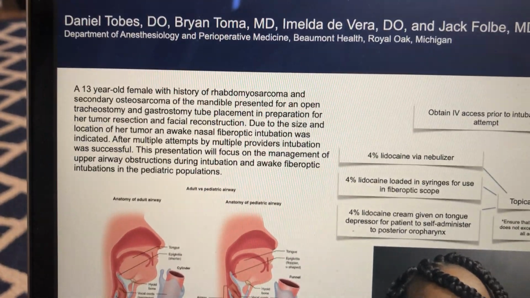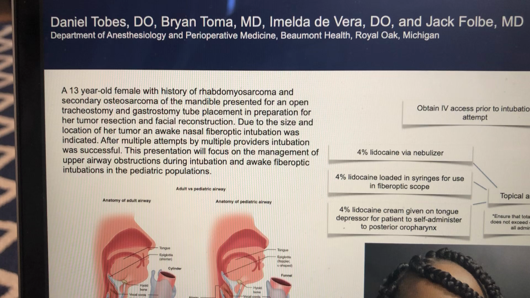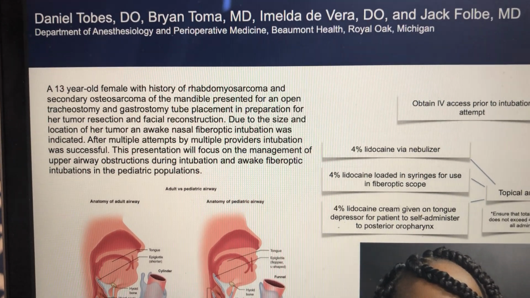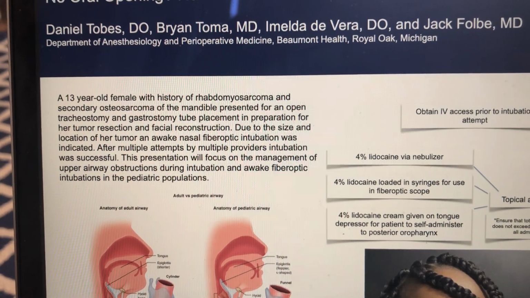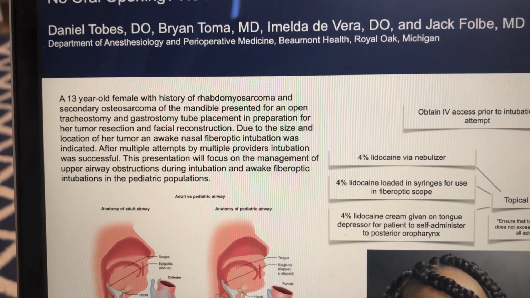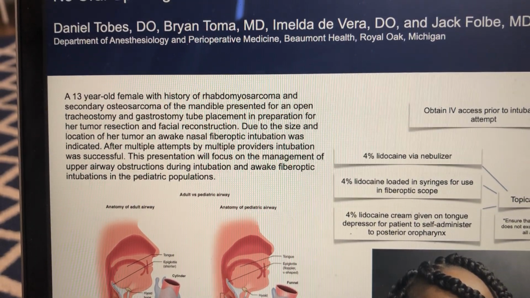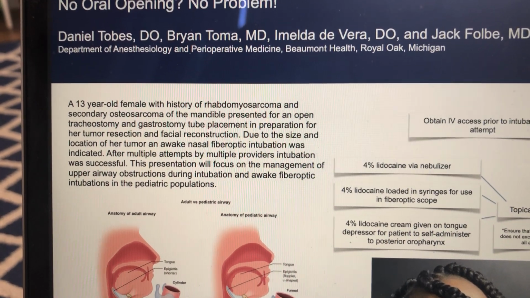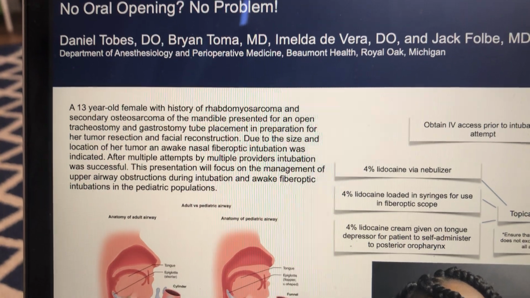So our patient presentation begins with a 13-year-old female with a history of rhabdomyosarcoma and secondary osteosarcoma of the mandible, who presented to our institution for an open tracheostomy and gastrostomy tube placement in preparation for her tumor resection and facial reconstruction surgery.